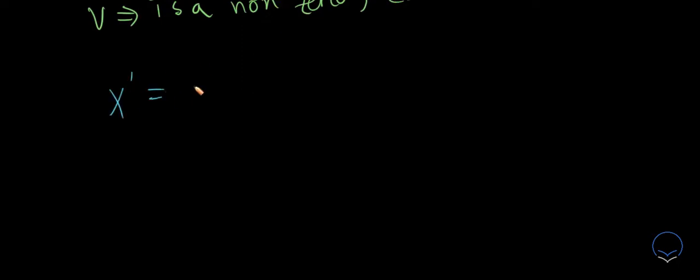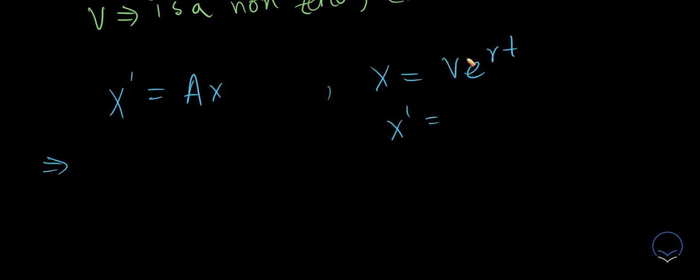This is the equation that you are trying to solve, and you are seeking solutions as X equals v e to the power rt, and from here we will get the interpretation of r. So x prime will be just, since v is a constant column vector and r is just a number and t is the independent variable, and this prime means you are differentiating.